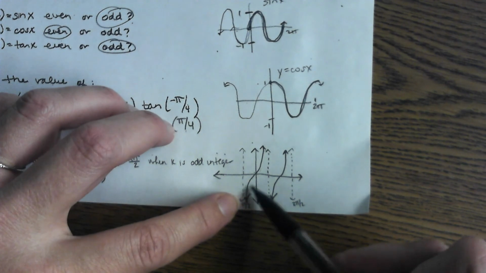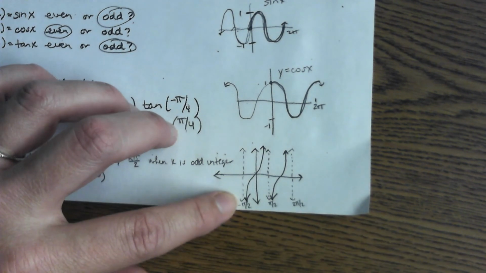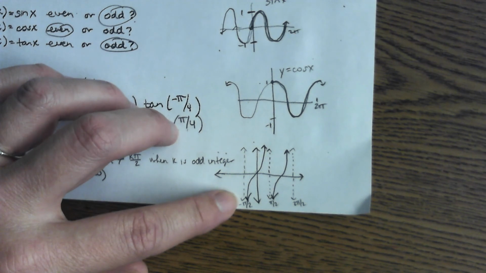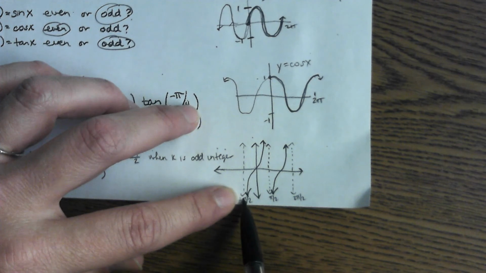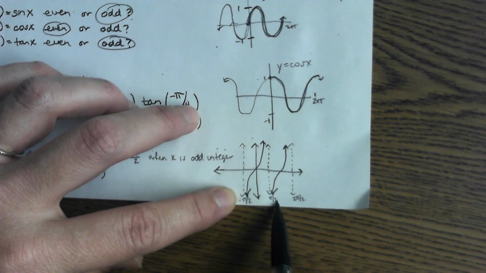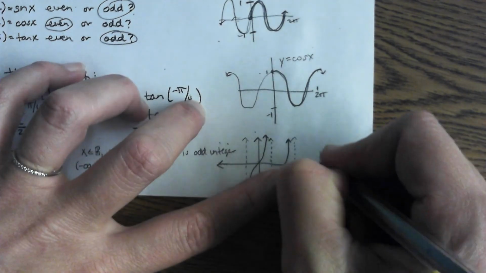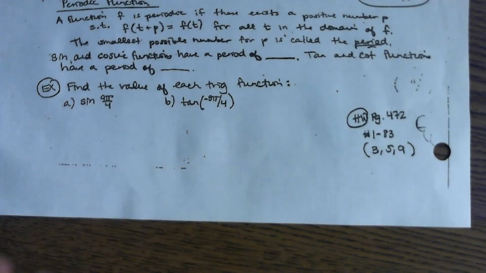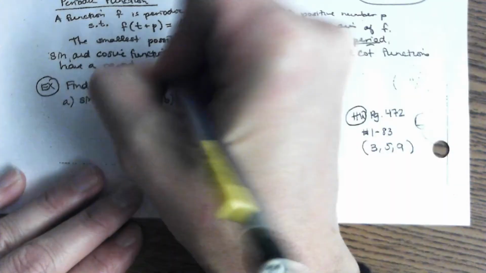From negative pi over 2 to positive pi over 2? What's that? Nope. From negative a half pi to positive a half pi. Just pi. Okay, so that period is just pi. So on these two questions, what they're getting at is, so you can fill that in, 2 pi and pi.